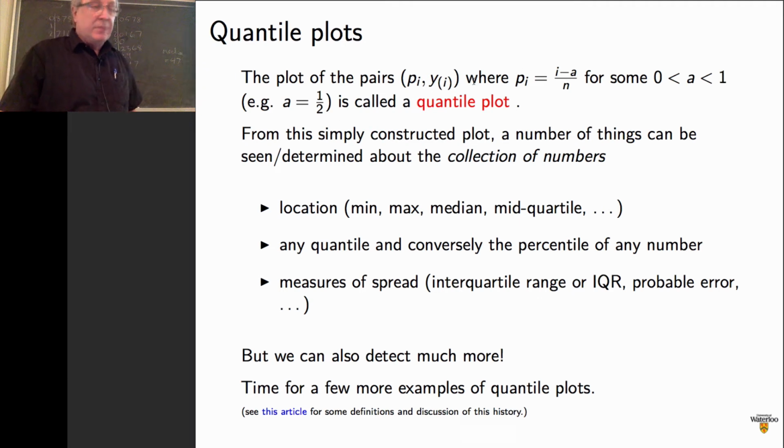And from this simple plot, we can get a lot of information about the numbers, right? We can find out where they are roughly located, what's the min, what's the max, what's the median, any quantile we want, and measures of how spread out the data are by looking at differences between quantiles p and 1 minus p. Okay, we can also detect a lot more.